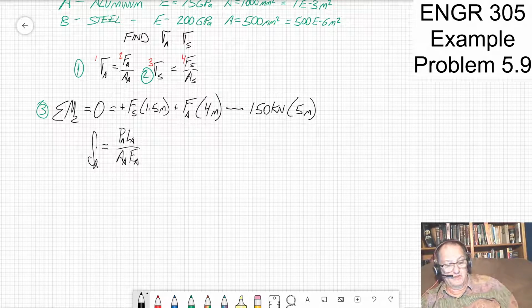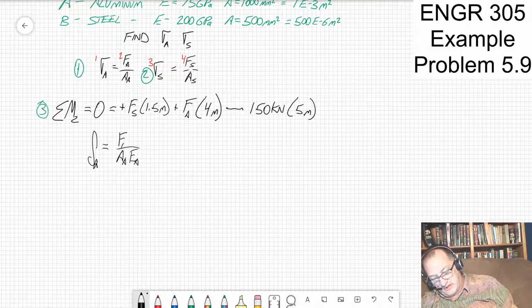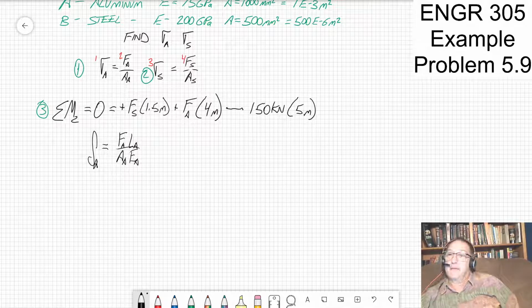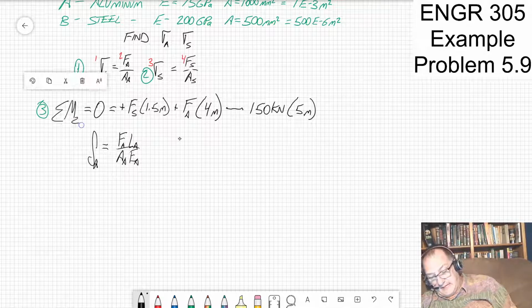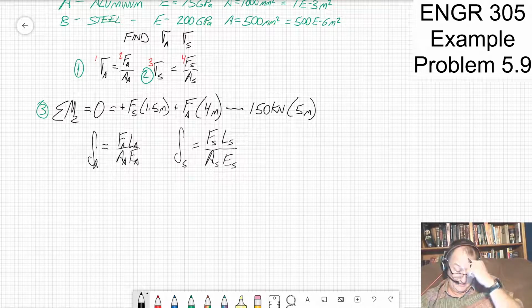The first thing I'm going to change is that I put P because that's the PL over AE formula, but I really want that to be F because that's what I'm using so far. So F in the aluminum, length in the aluminum. I'll just rewrite those top 2 terms. And then I also have the deflection in the steel is equal to F in the steel, L of the steel over area of the steel and the Young's modulus of the steel. All right.